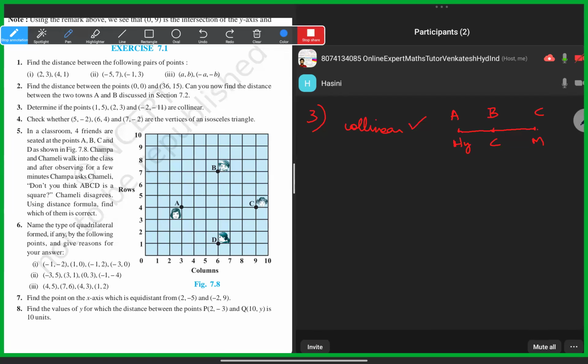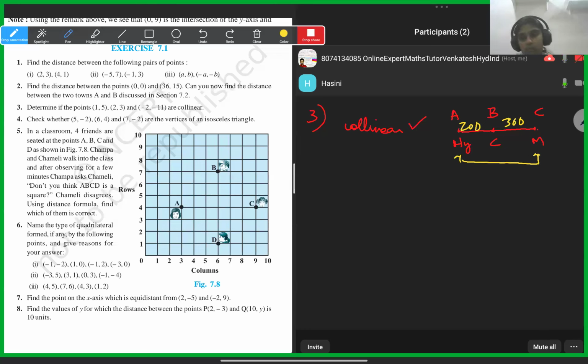Now Hyderabad to Chennai, I'm just randomly taking, 200 kilometers. It's less, but let us take it roughly. And Chennai to Mumbai, let us take more, 300. If all these three lie on the same line, what is the distance between Hyderabad and Mumbai now?